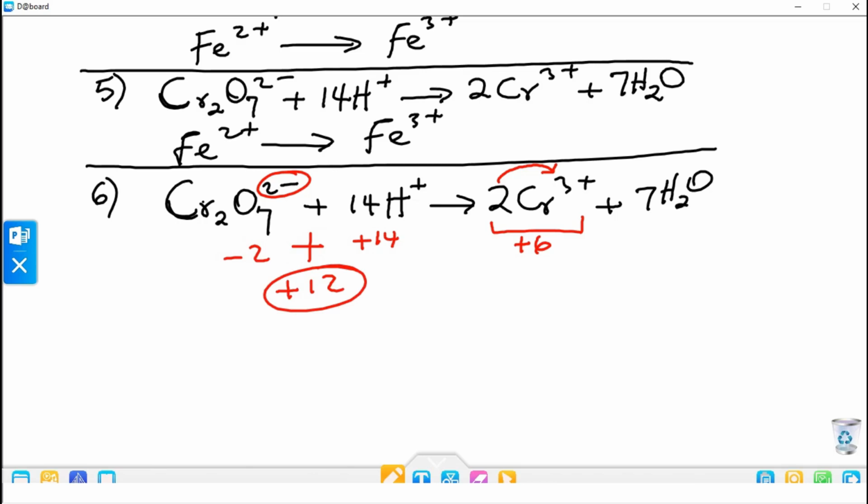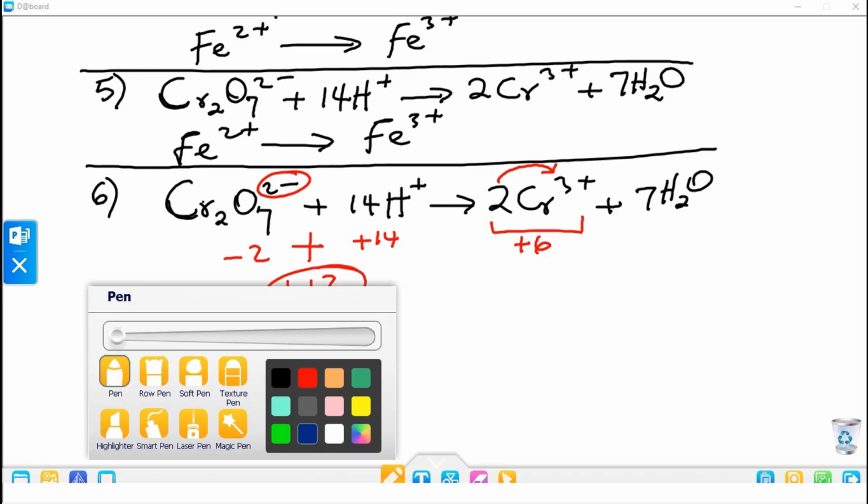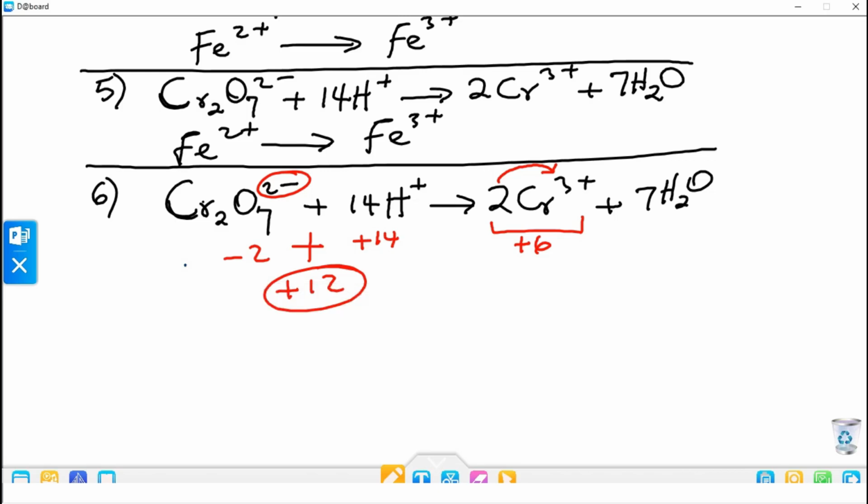Electrons are negatively charged. So where do we add electrons that will make these charges balanced? It means we will have to add electrons at the left hand side. And how many electrons do we add? We'll have to add 6 electrons at the left hand side. So when we add 6 electrons, which are negatively charged, we cancel 6 positive charges here out of the 12 positive charges.